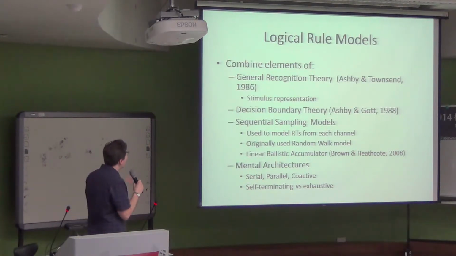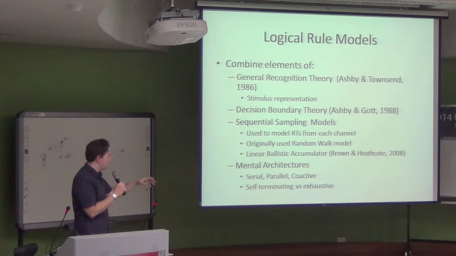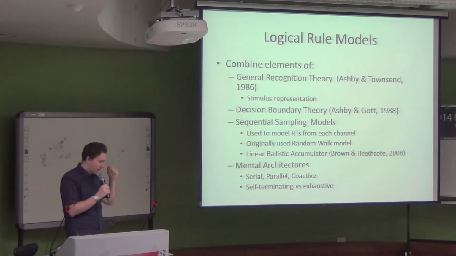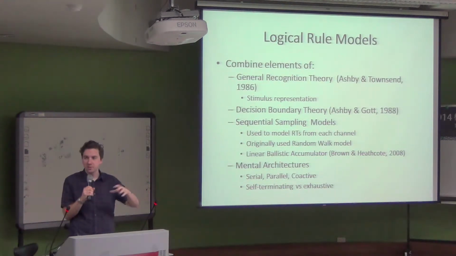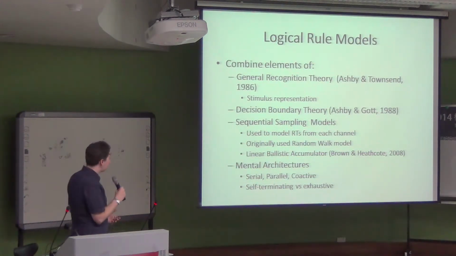We can combine that type of representation with another assumption, decision boundary theory, where we can carve up a categorization problem by introducing decision bounds where people will switch their decisions between, say, one category and another.